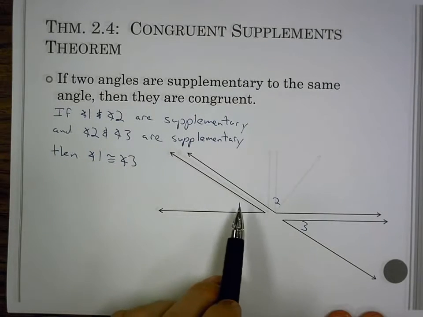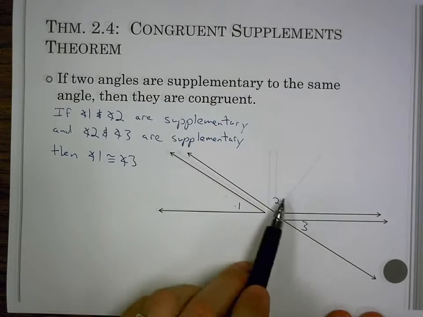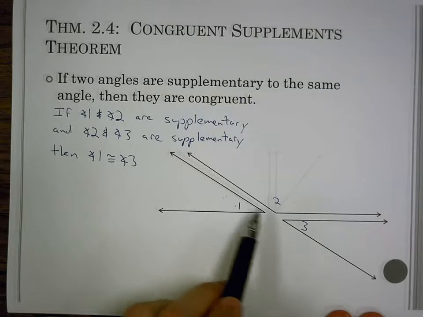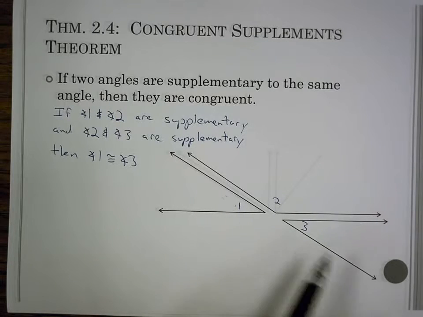So, I have supplementary angles. That means these two angles are going to be congruent. The two angles that have the same supplement is another way we could think about it.